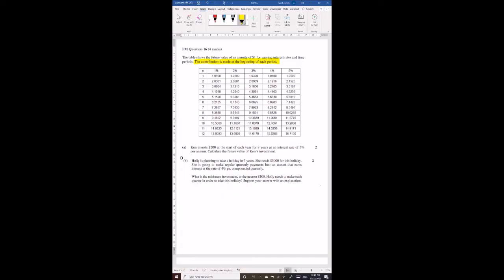That's why I always read questions carefully. Part A, so Ken's investing the $200 at the start of each year for 8 years at an interest rate of 5%. So we are looking at our 5% up here and 8 years. So the interest factor that we are looking at is the 10.0265 times 200 equals.